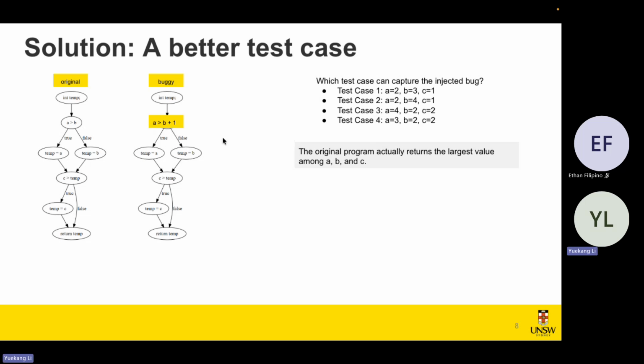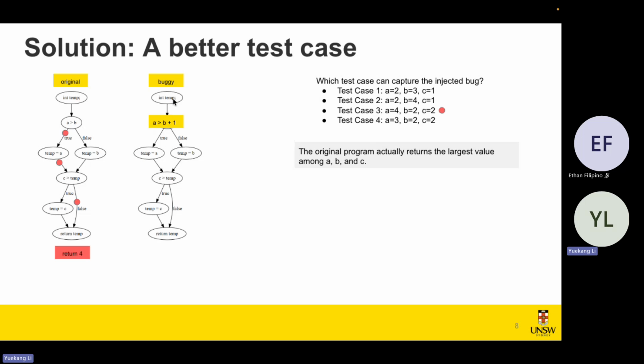So let's see why test case 3 cannot find the bug. For the original program, for test case 3, it will take the true branch after the first if, and then it will take the false branch of the second if, and it will return the value of 4.